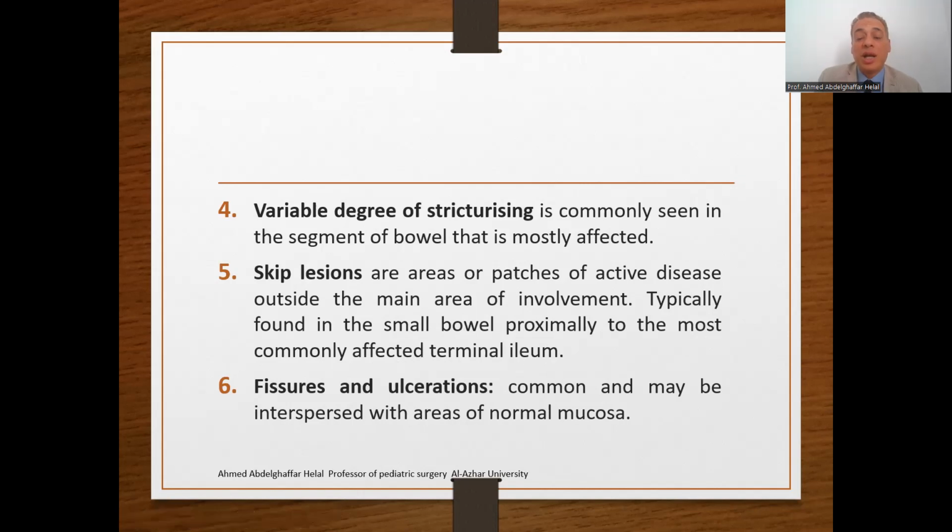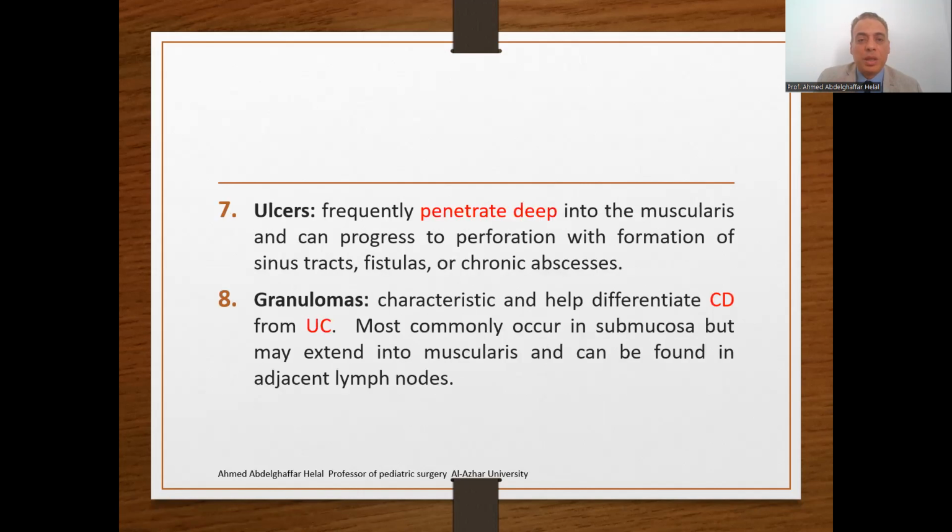Fissures and ulceration are common and may be separated by areas of normal mucosa, unlike ulcerative colitis, which is limited to the rectum and colon. Crohn's may spread all over the gastrointestinal tract with skip areas of normal bowel in between the pathologically active disease.